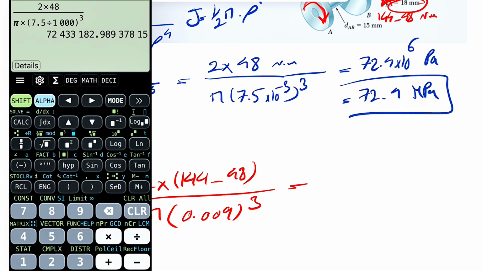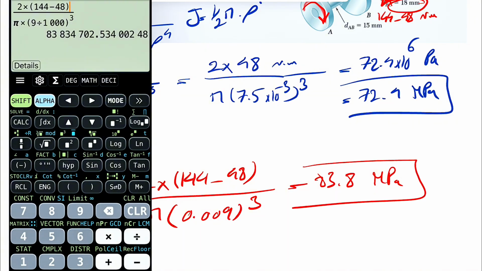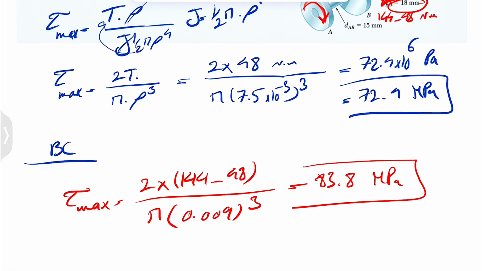Let's see what we get here. I'm just going to put 9 in here, and also we have a different torque. All right, that's going to give us 83.8 megapascal.